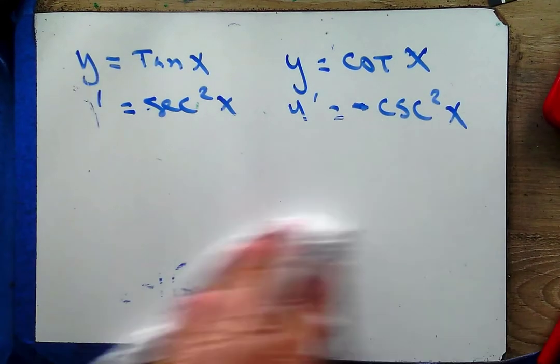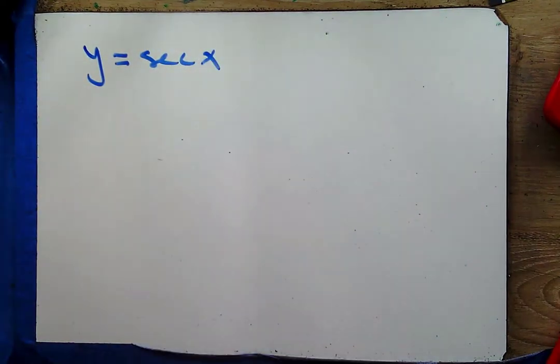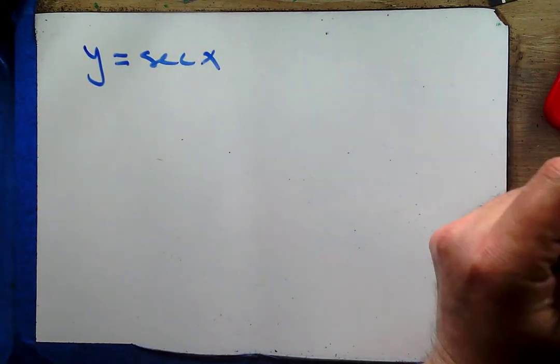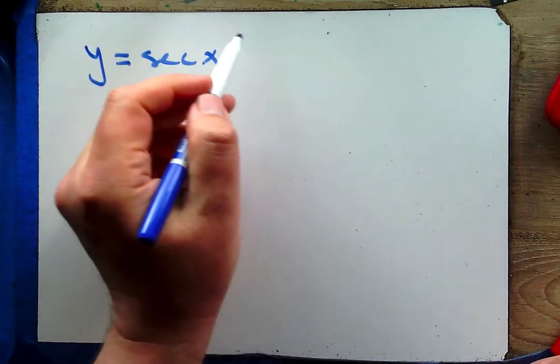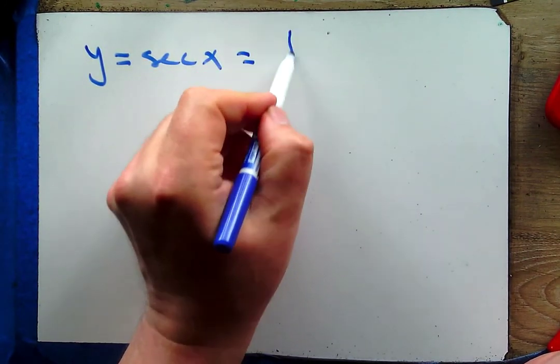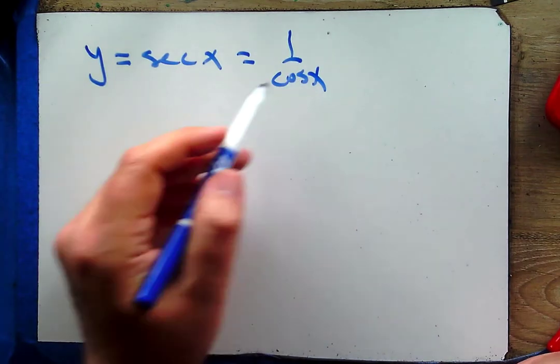Okay, so what's left? Well, how about y equals secant x? Let's take the derivative of secant x. So when I think about this, I don't know it, but I do know that secant is 1 over cosine. And then I think, well, I can take the derivative of this.